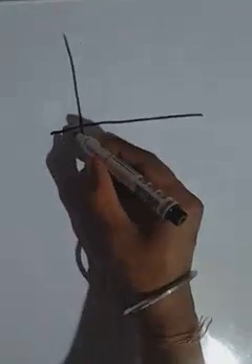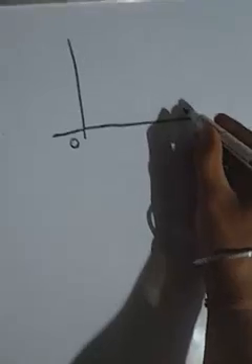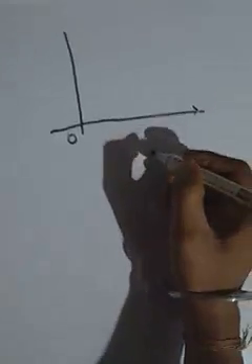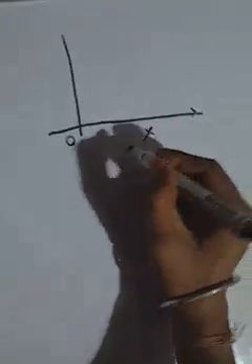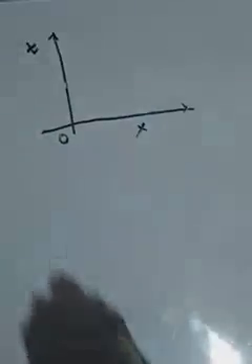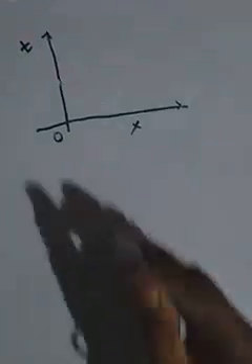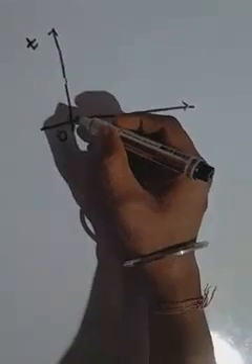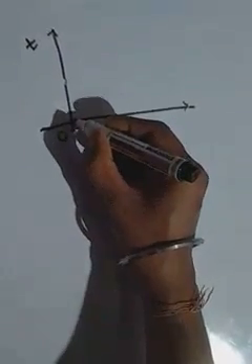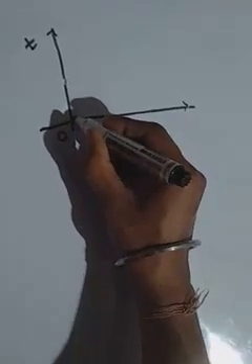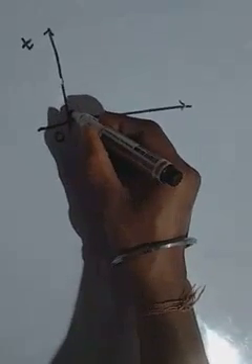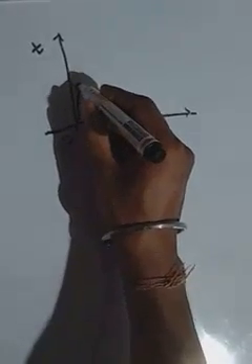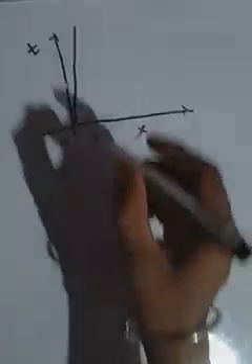he took a set of axes O, then here x, and here t. Then he considered a moving vehicle starting from rest at the origin and traversing a path at a velocity v.